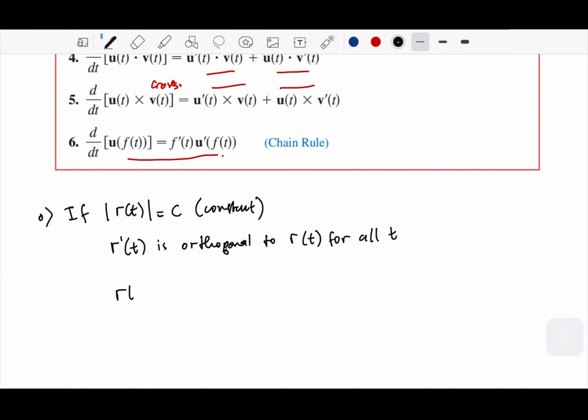This is because from the dot product, this is a constant, right?